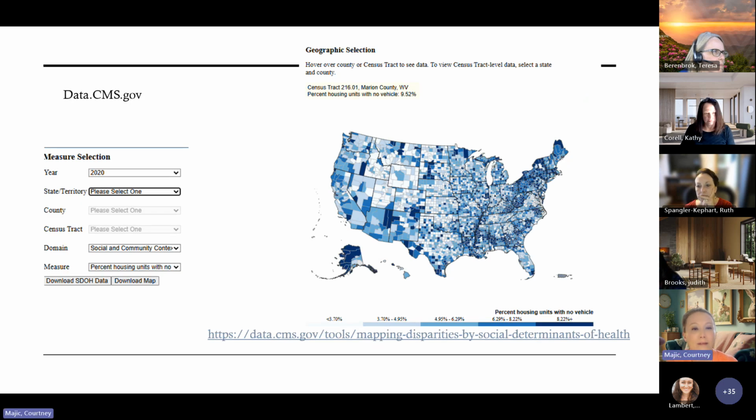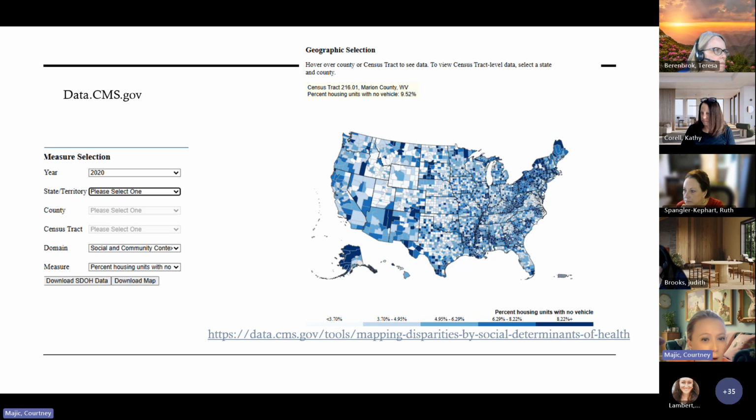Next thing I have here is a screenshot of some data that you can get from CMS's website, data.cms.gov. I thought this was really interesting, and this is something that anybody can go out and do. You can look at social determinants of health from a national standpoint all the way down to a state or county view.